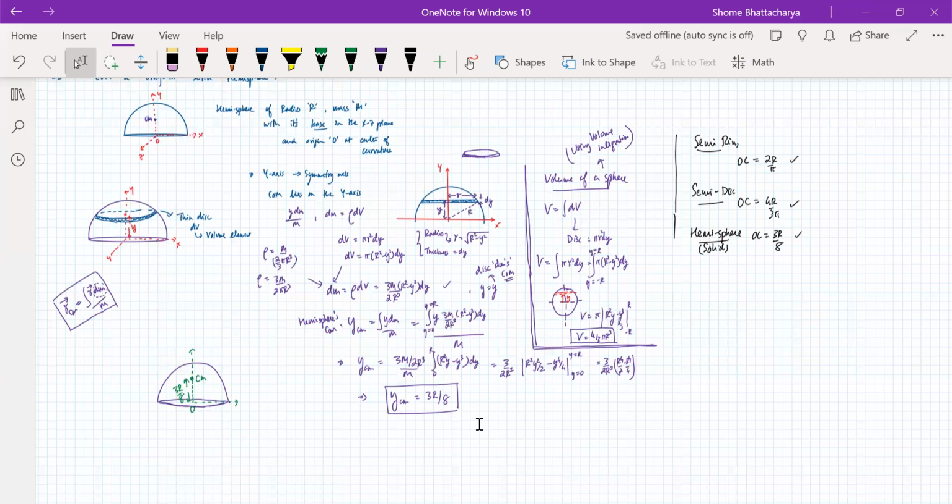Just make a note of this integration. And so far the three formulae that you've seen are center of mass of semi-ring, center of mass of semi-disk, and center of mass of solid hemisphere. Yesterday we saw these two, semi-ring and semi-disk. So now to that table of formulae that you're making, you can add the solid hemisphere.